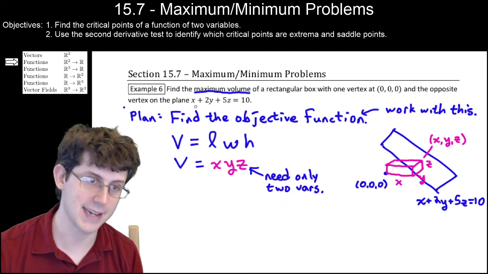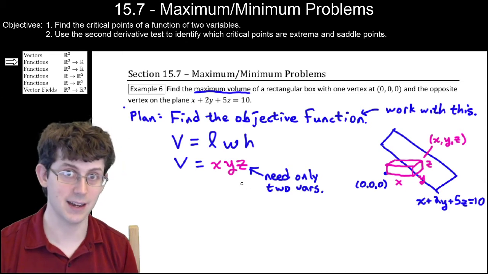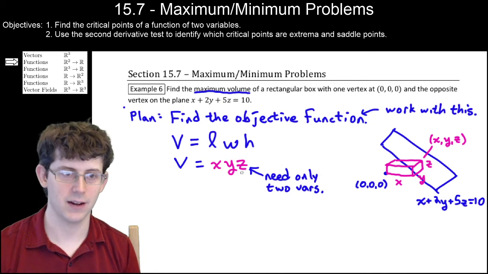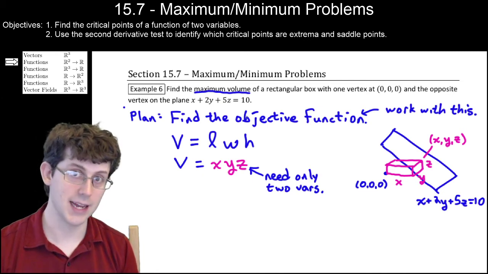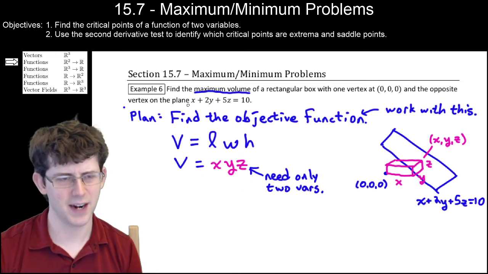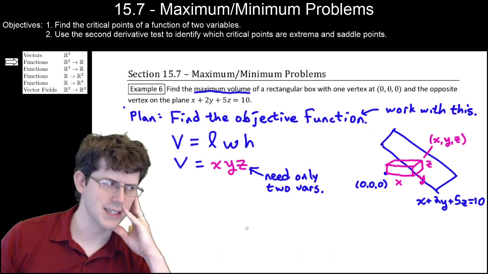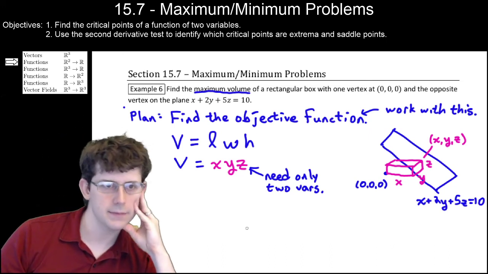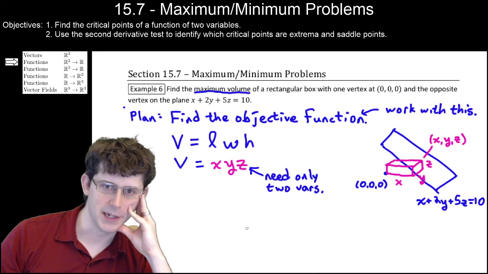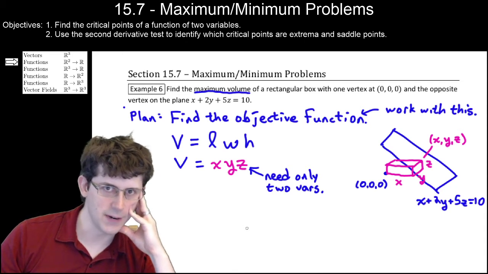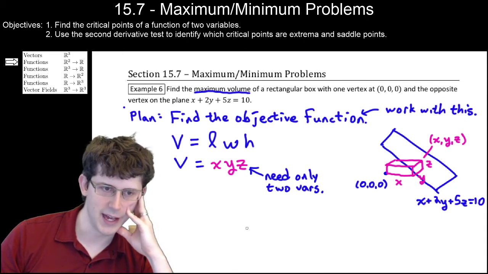And that's where x plus 2y plus 5z equals 10 comes into play. I could solve for z and write z in terms of x and y. I could also solve for x and make everything in terms of y and z. Solving for x would make it much easier because there wouldn't be any fractions. I'm kind of tempted to do that.